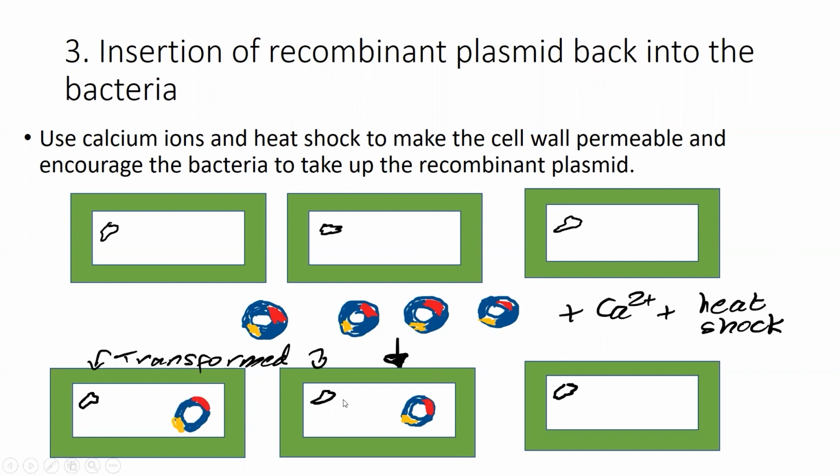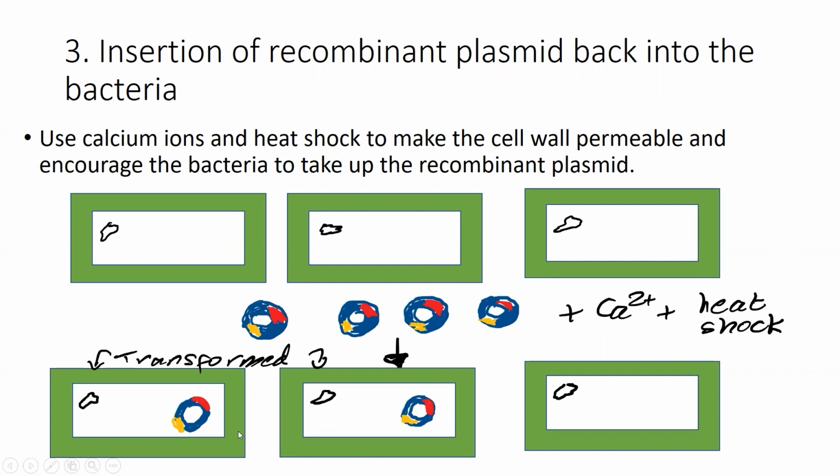So you can see that the 2 bacteria in the middle and on the left, they've been what we call transformed. They have taken up my plasmid. The one on the right, however, has not. And the problem is we will now need to isolate which ones have taken them up and which ones have not. And this is the purpose of that marker gene, because let's imagine that marker gene was fluorescence.